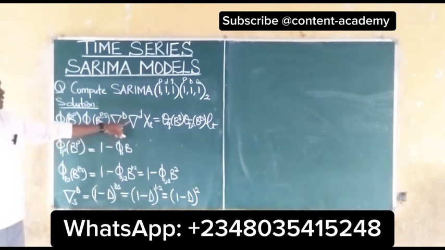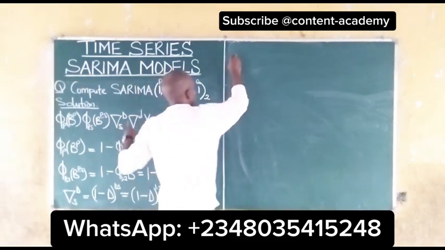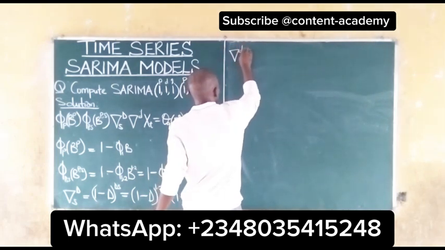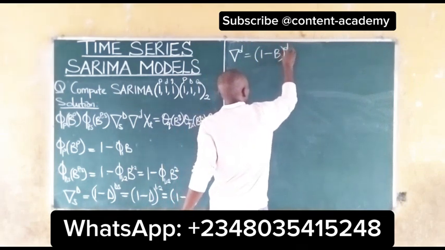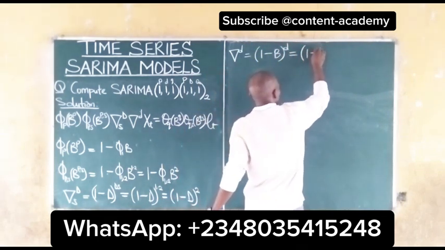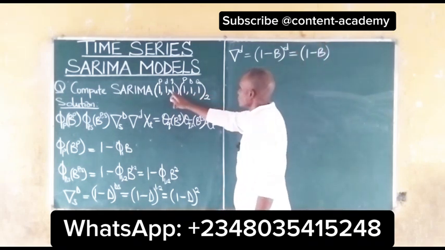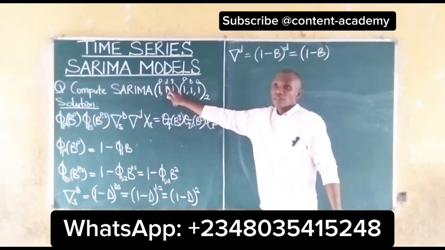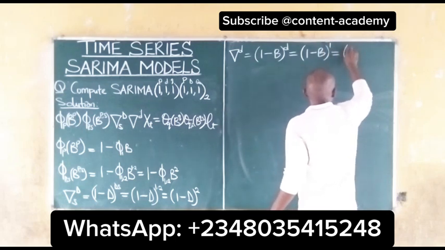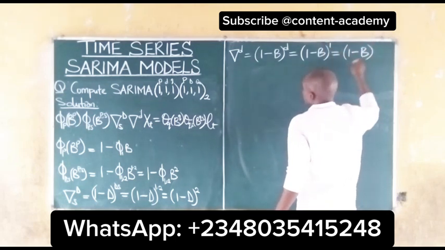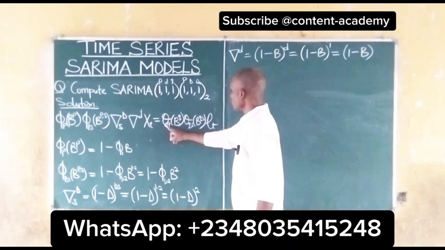We also have our differencing with non-seasonality, which is 1 minus B raised to the power of d, where d is 1, just 1. So we have just 1 minus B. Then we have X_t, which is our time series value.